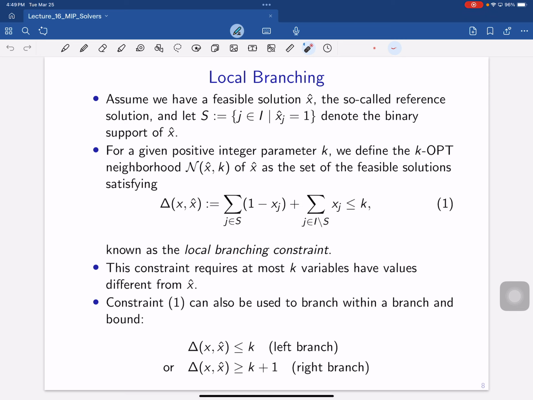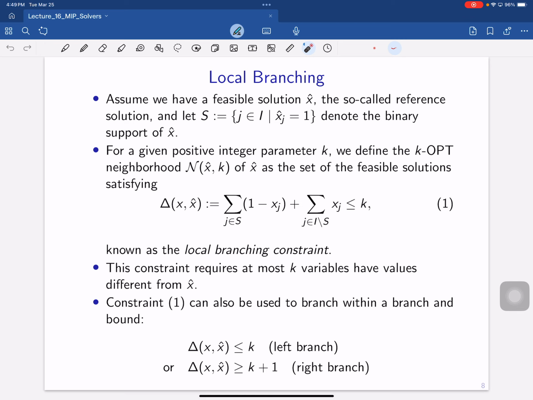The high-level idea is that I have already found a feasible solution to a mixed integer binary program, and my guess is that there might be another good solution very close to the current solution. So how do you describe that a binary solution is very close to a solution I already have? Then you need to define some sort of neighborhood. The way we define the neighborhood is the following.